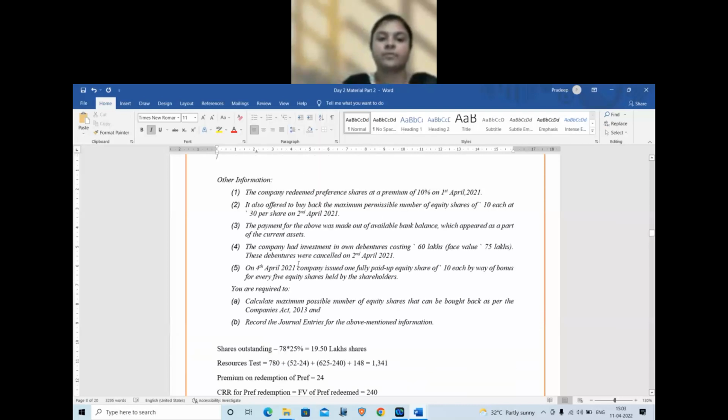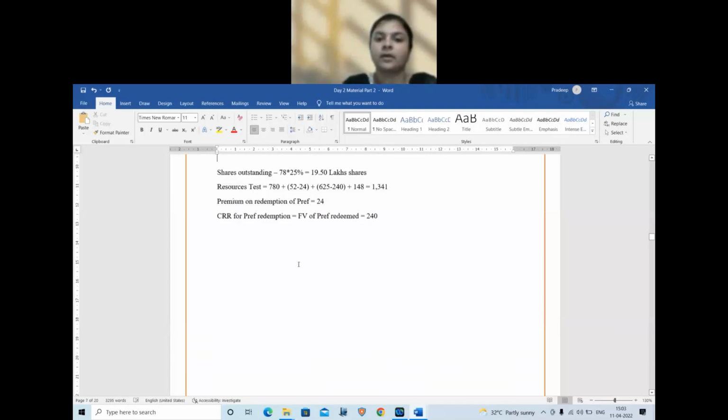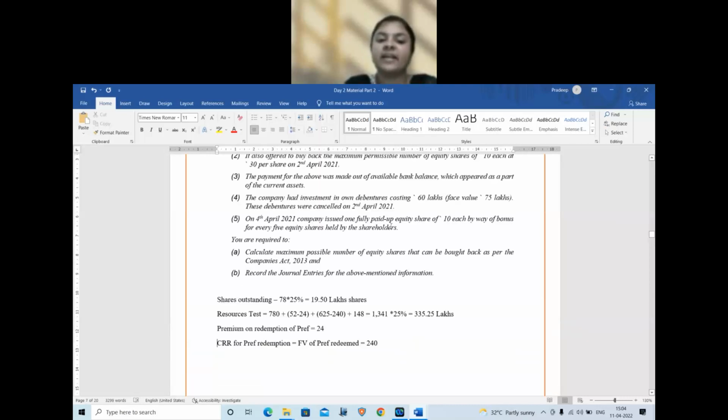Into 25 percentage, which is 335.25 lakhs rupees. But our answer will not be completed until we find out the number of shares. So number of shares to be bought back: 335.25 lakhs divided by, what is the buyback price? 30 rupees.